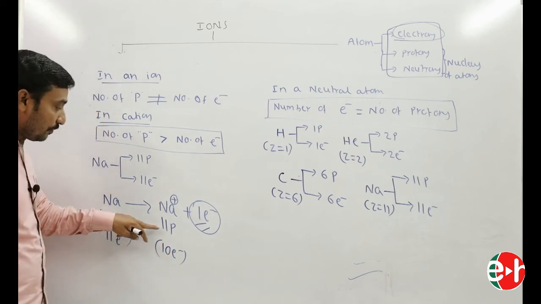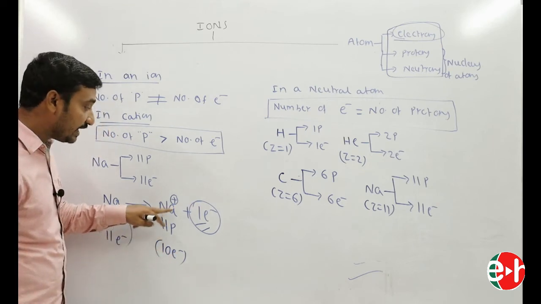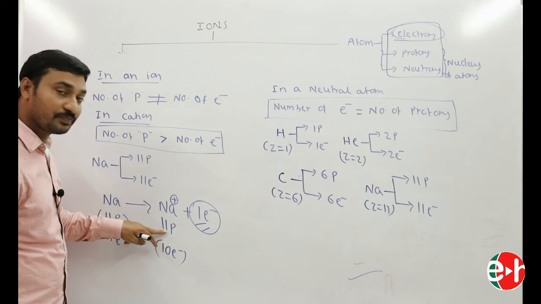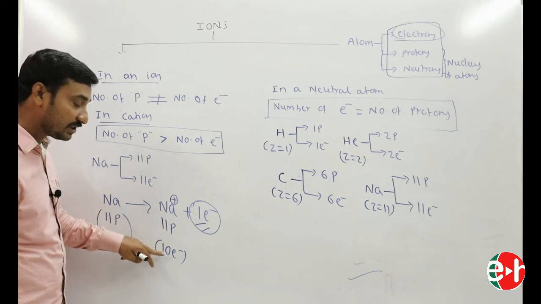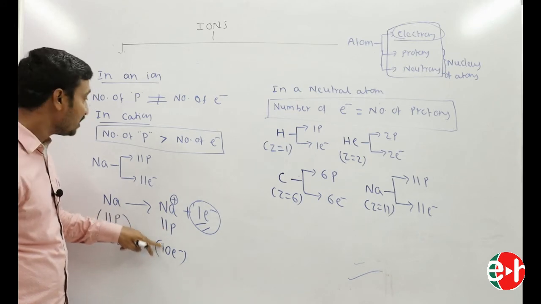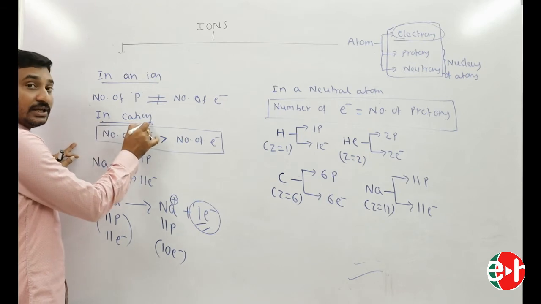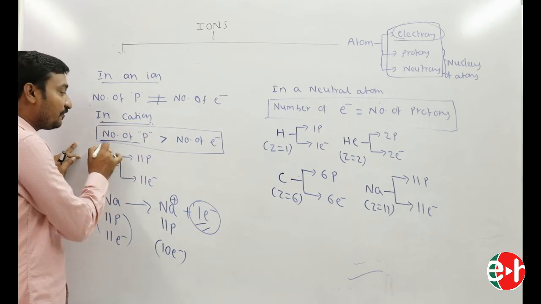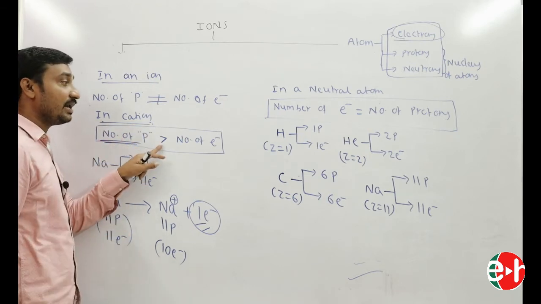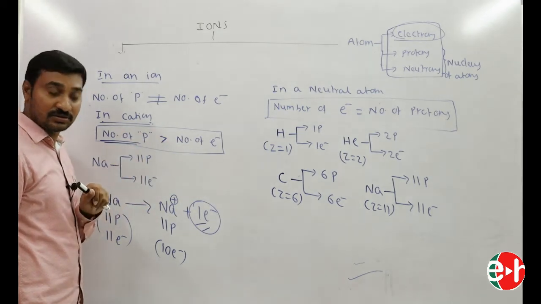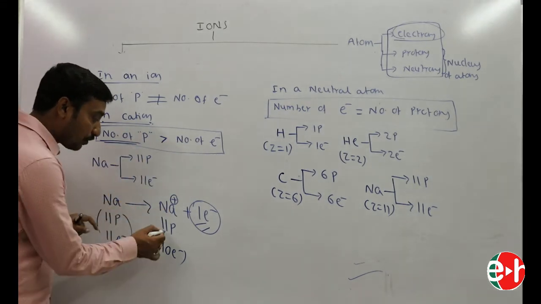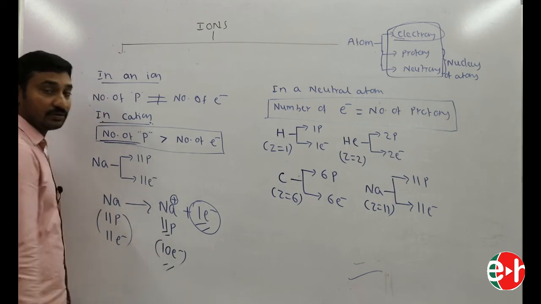Tell me, in a cation, are protons more or electrons more? Protons more. 11 is a higher number than 10. So in a cation, the number of protons is greater than the number of electrons.